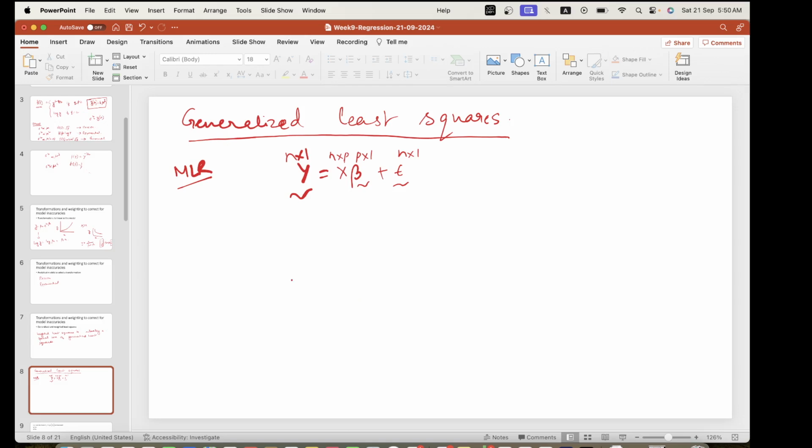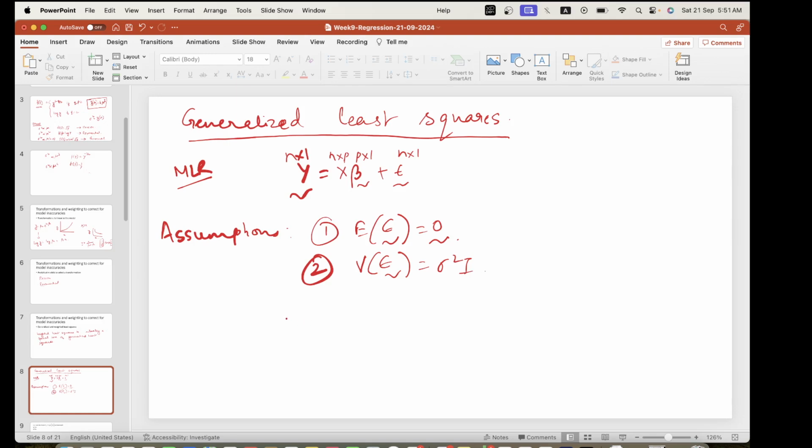So, the usual assumptions. The number one assumption was expectation of epsilon is 0. The second one was variance of epsilon is equal to sigma square I. And the third one is that x is non-stochastic.